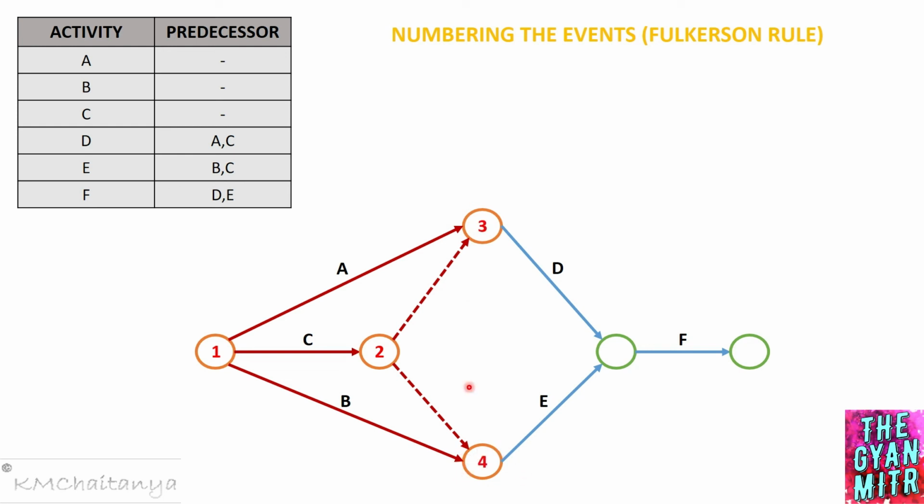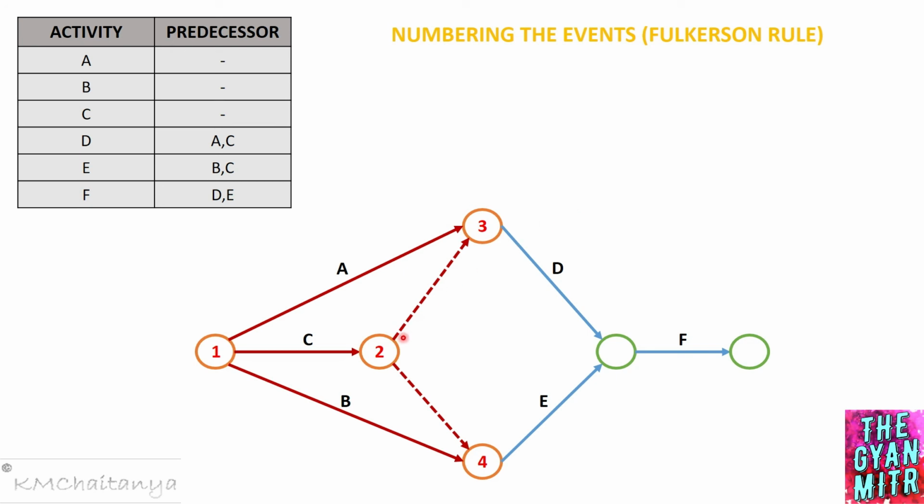So I can have event number 3 on top and 4 at the bottom, or 3 at the bottom and 4 at the top, since these two are parallel events, right? Therefore you can number in any fashion. That does not affect anything in the network diagram.